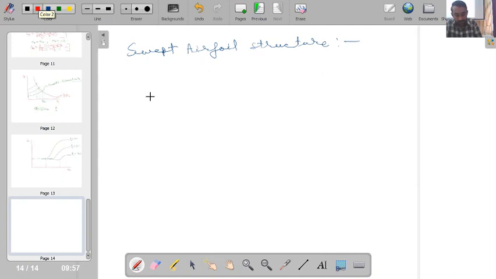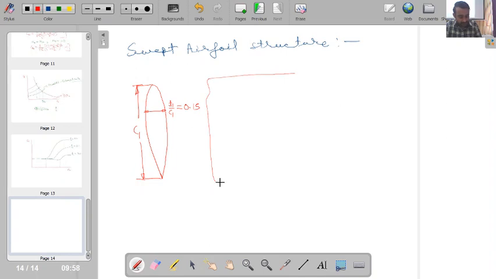Let's consider this is my cross-sectional view of the aerofoil, and this is the point of maximum thickness, T1 by C1. This length is my C1, and T1 by C1 is equal to say 0.15.